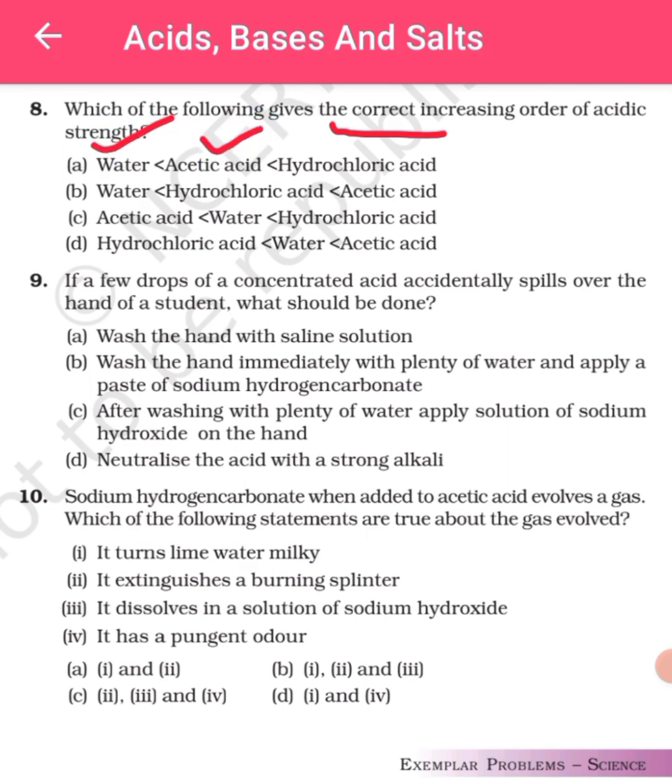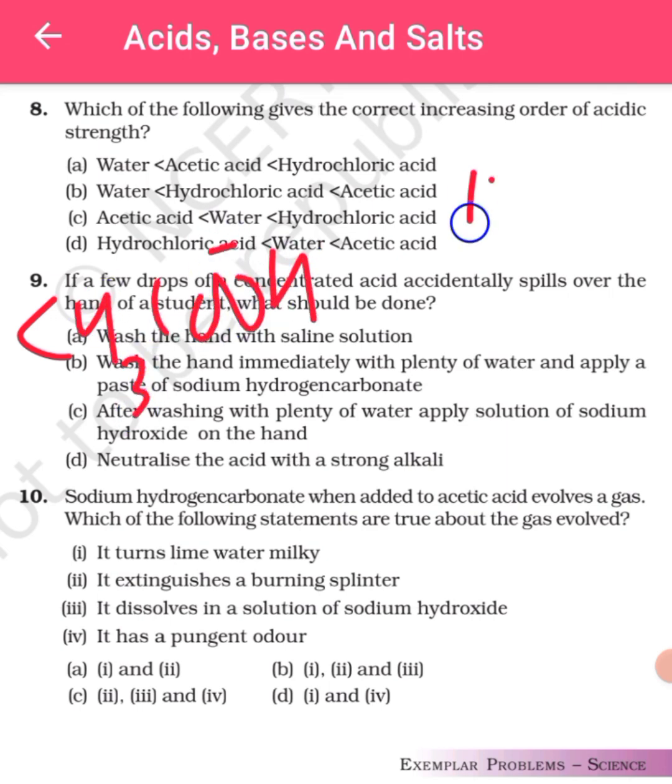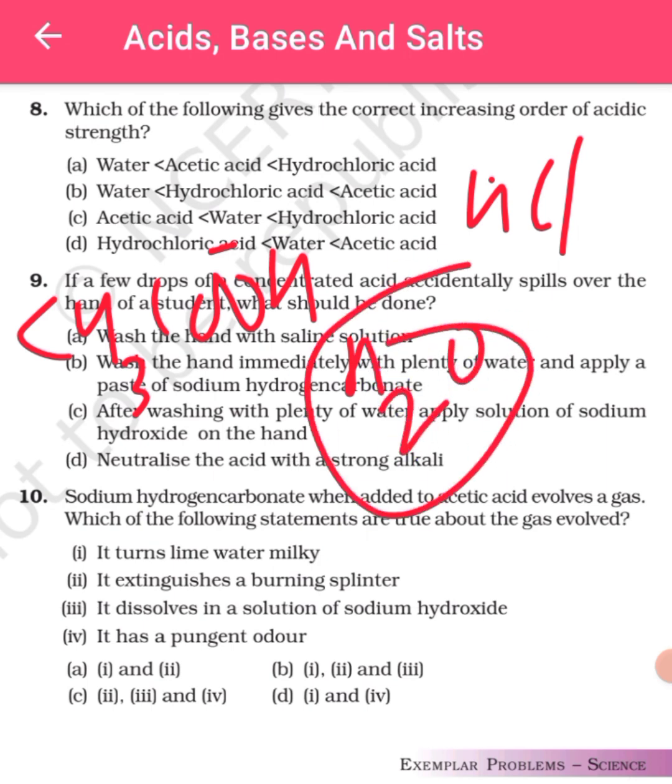So the increasing acidic strength will be from lower to higher, or the weak acid to the strong acid. So the weak acid is acetic acid and strong acid is hydrochloric acid, and water is neutral.